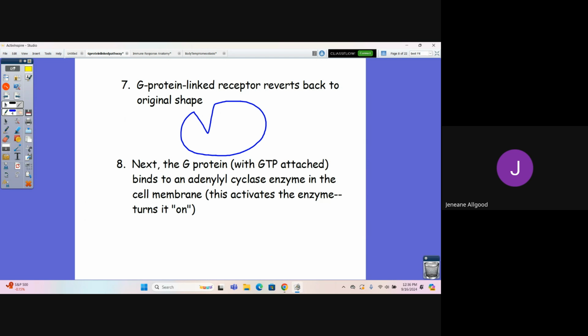Okay, so next the G protein with its GTP attached binds to an enzyme that is also embedded in the cell membrane called adenylyl cyclase. All right, so let's show that. This is going to be our enzyme called adenylyl cyclase, and it is also embedded in the cell membrane.